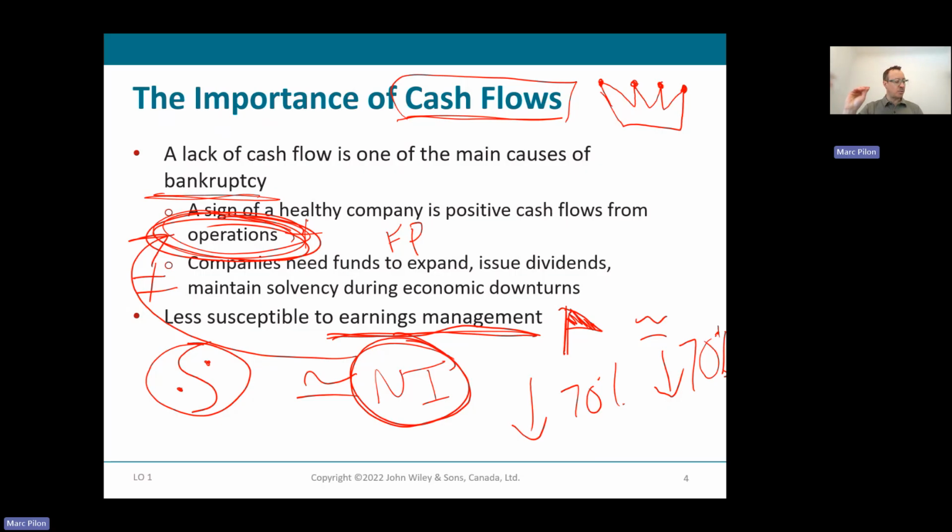So positive long-term cash flow from operations is quite important, right? So we want to analyze it, measure it, predict it in the future, put pieces in place to reassure suppliers and lenders.